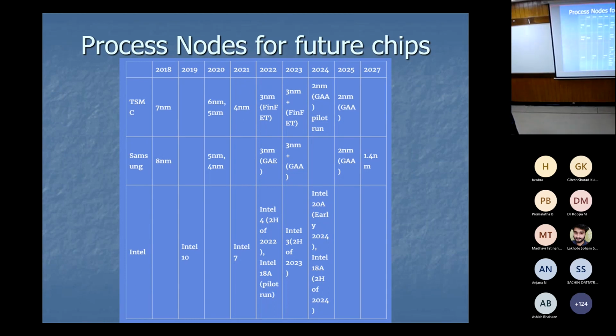Intel is setting up a plant for the 1.8 nanometer, right? So we are already talking, at least in talking terms, about angstrom scale devices. That's the trend we are seeing as of now. We still have not accepted that we have hit the end of scaling.